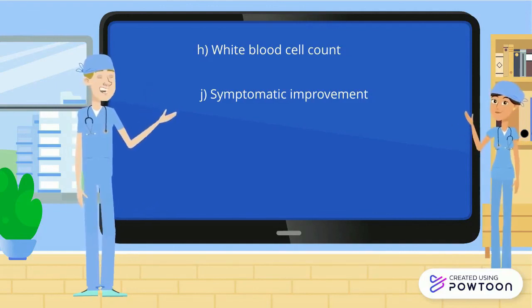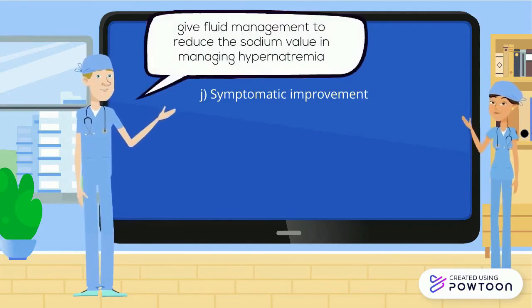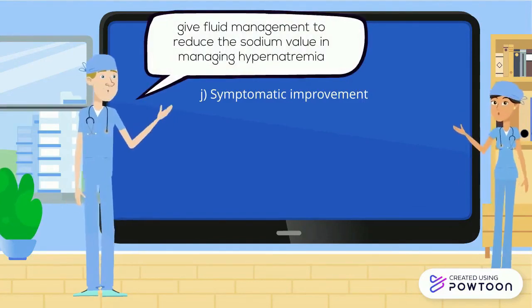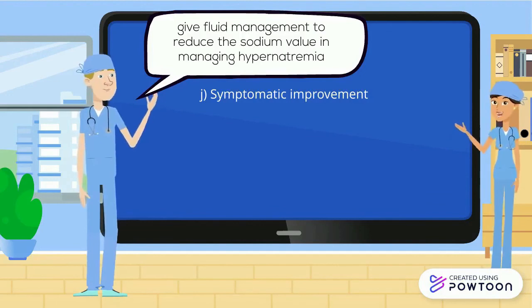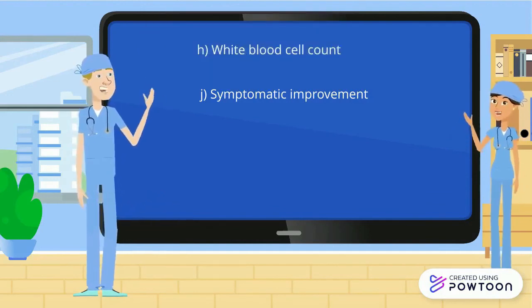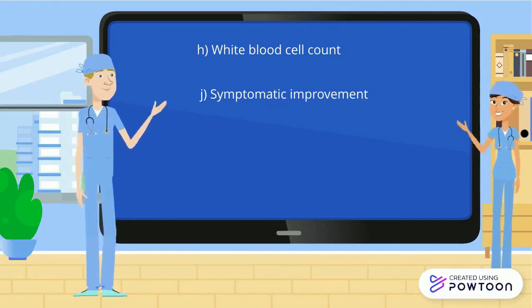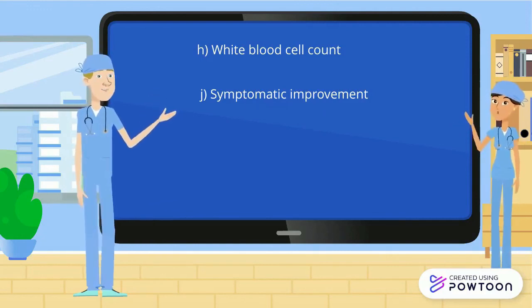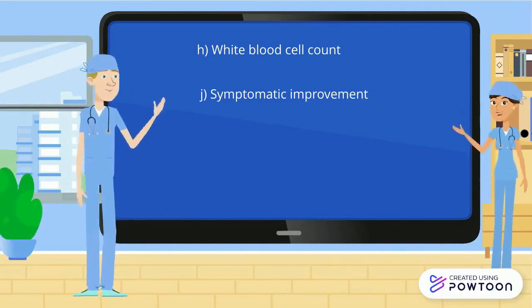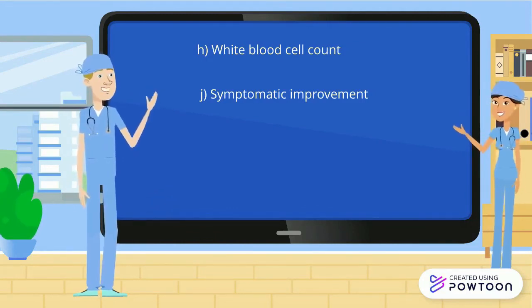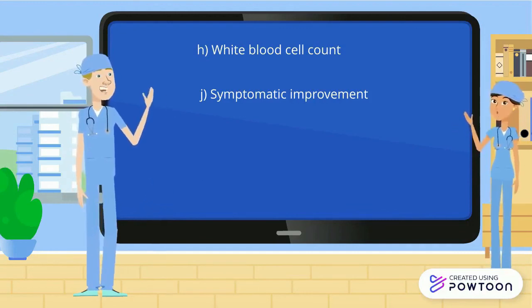The next plan includes giving the patient fluid management to reduce the sodium value in managing hypernatremia. However, make sure to always monitor the sodium level because too much fluid can lead to hyponatremia. Other than that, monitoring of the input and output chart of the patient is also important so that we can manage the fluid in the patient's body and detect whether there is a risk of water retention.